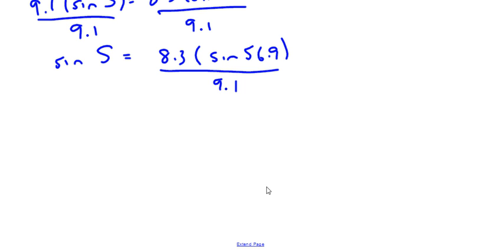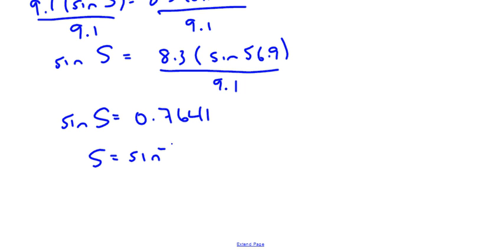So sine 56.9 equals times 8.3 divided by 9.1. I get 0.7641. So sine s is 0.7641. So if I inverse sine that, I will know what angle s is. So angle s is 49.8 degrees.